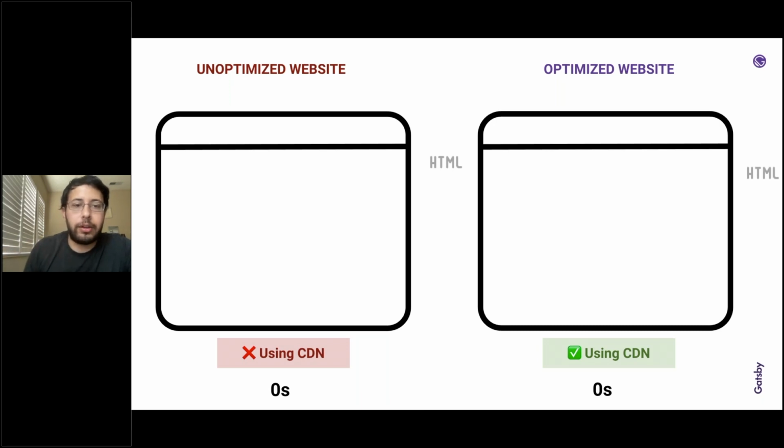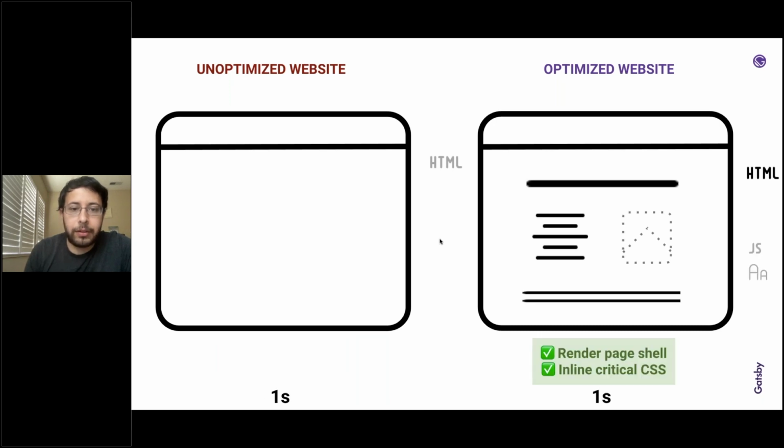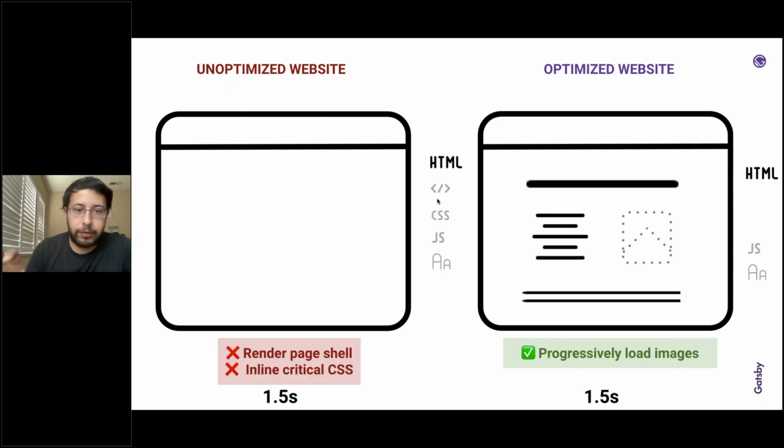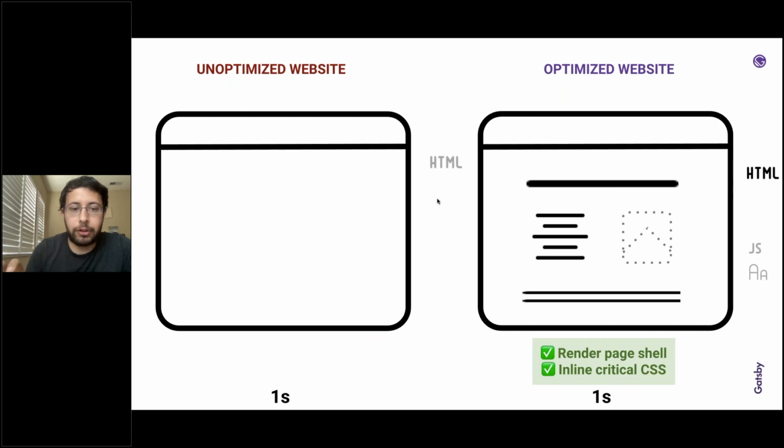As the page starts loading, the optimized website starts by using a CDN, which means that when we get to 1 second, the optimized website has streamed in the HTML while the unoptimized website is still waiting for the HTML. And then again we're rendering the, sorry, Dan, can you go back? Yeah, we're rendering the page shell here. We're inlining the critical CSS, so in 1.5 seconds.